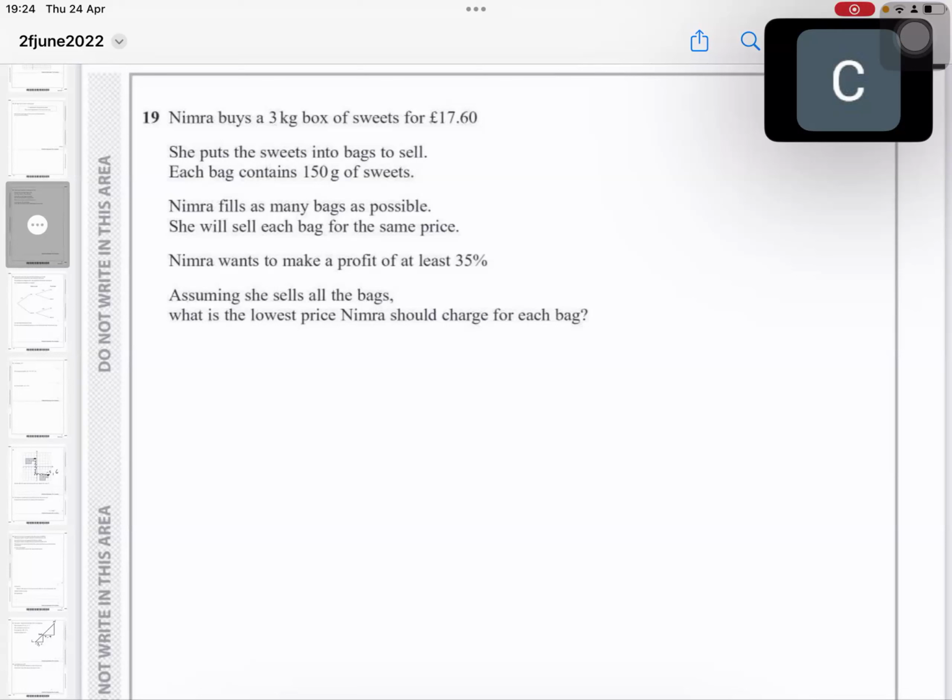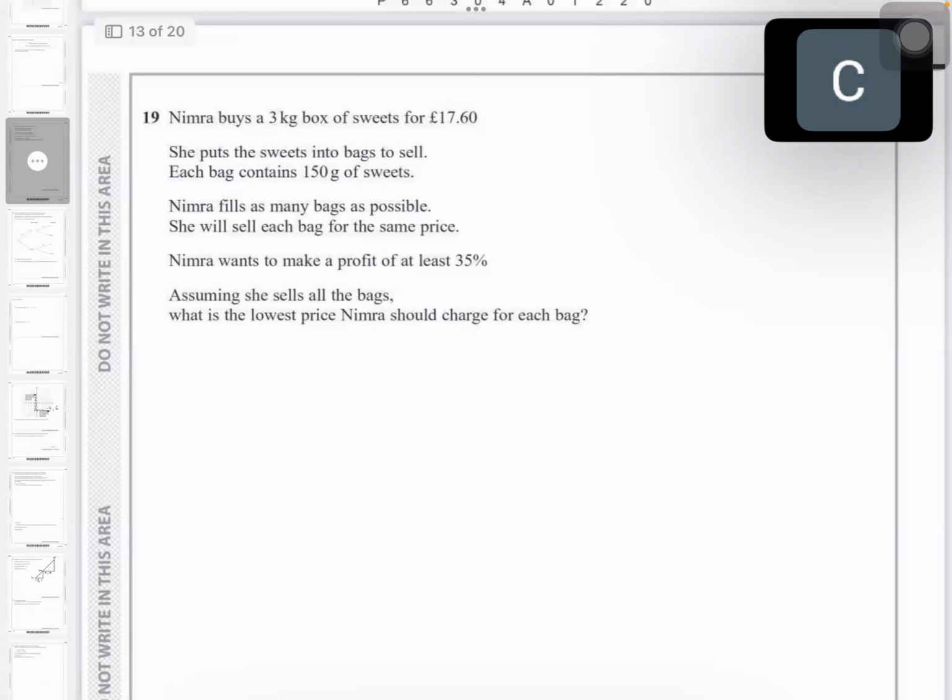1.188. That's approximately 1.19, isn't it? Yes. So that is the amount she would need to sell each bag for to make a profit of at least 35%.